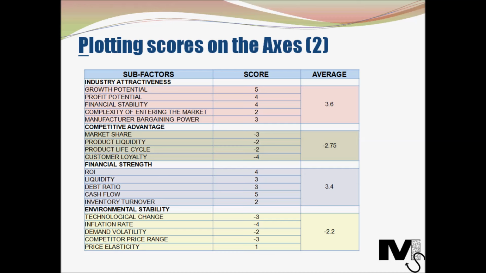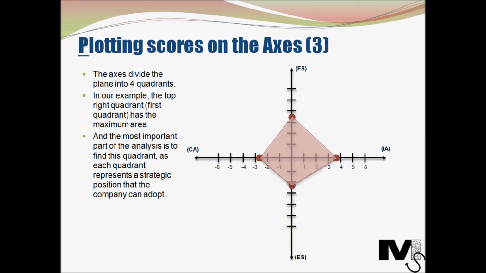Then we take an average of all of the sub-factors that contribute to each factor. So we take an average of everything that constitutes industry attractiveness, and we do the same with competitive advantage, financial strength, and environmental stability.